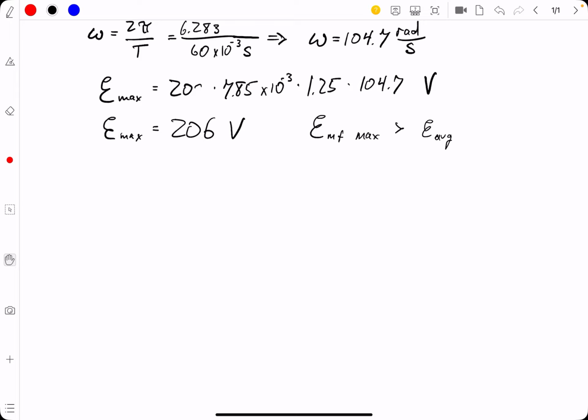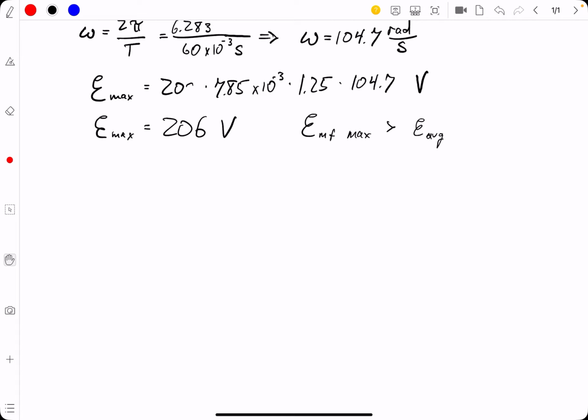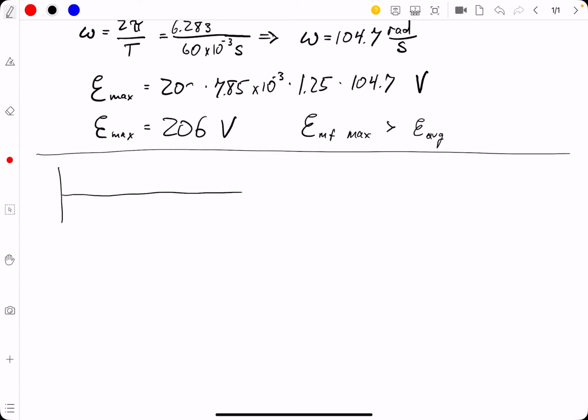All right, I don't know if you guys remember, but in class we did an example, and we used the exact same stuff, okay? However, we didn't have the split ring commutator on, so our wave looked like this.